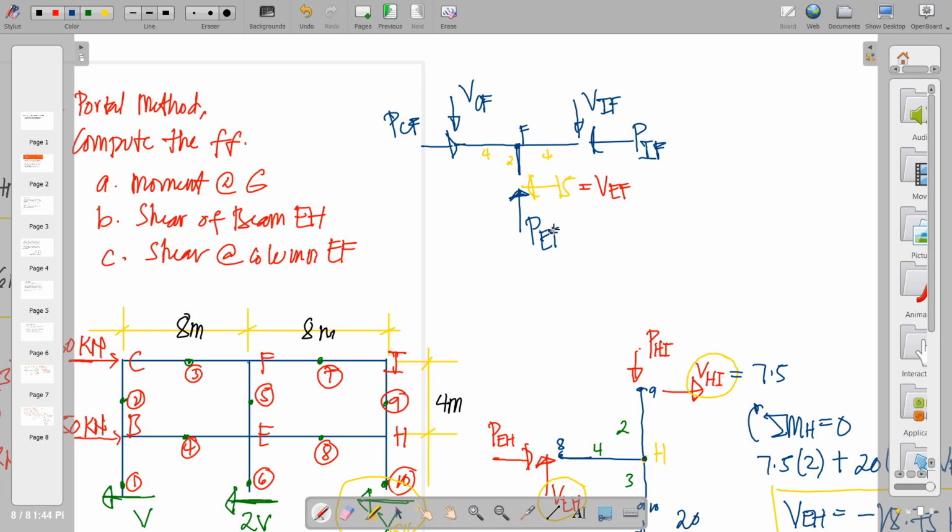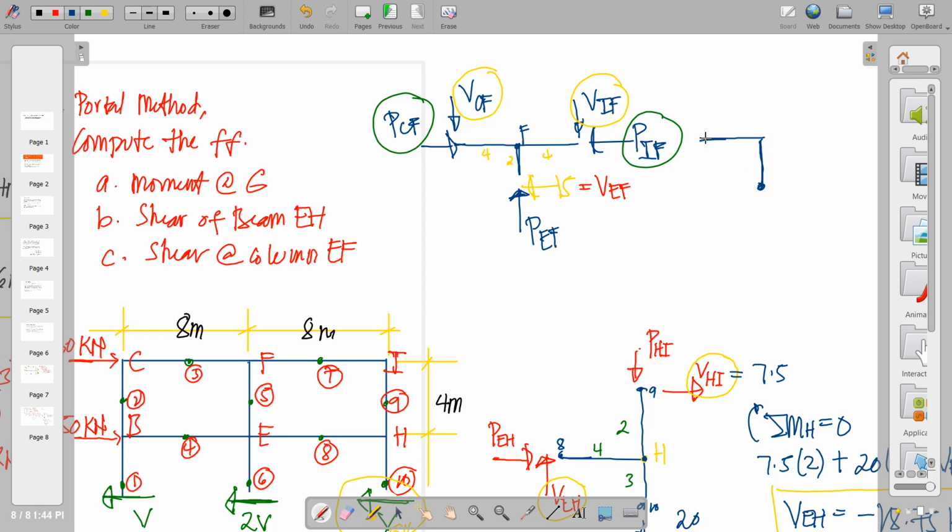So if we need PEF here, we need to obtain this first, as well as this one. But the first unknowns that would be obtained here are the horizontal. Okay, so we can do that by considering also the portal attached to it or adjacent.